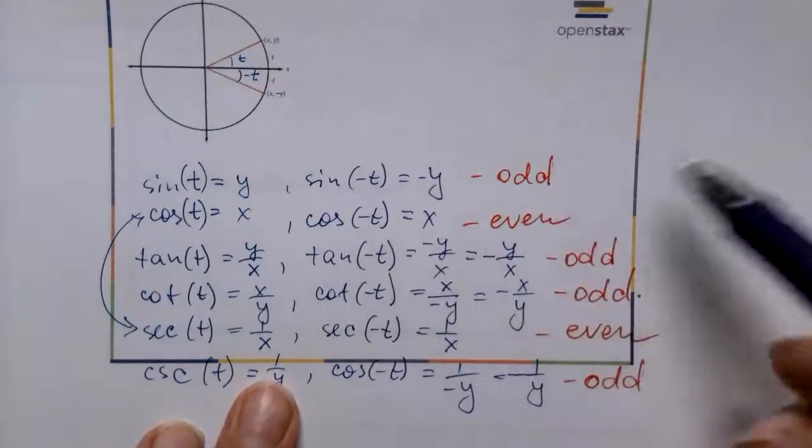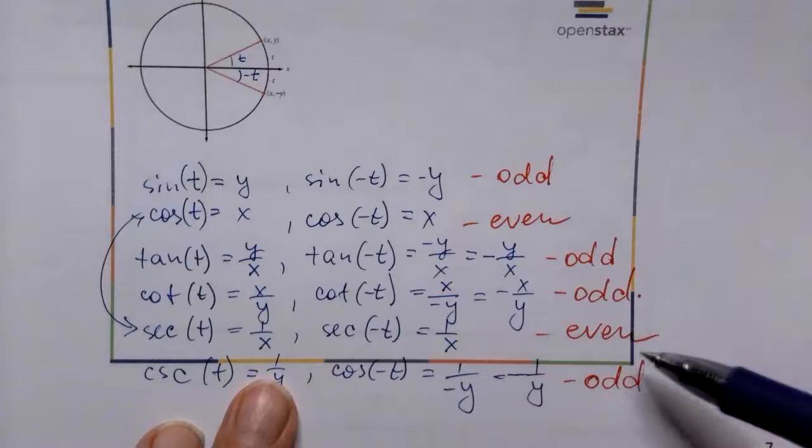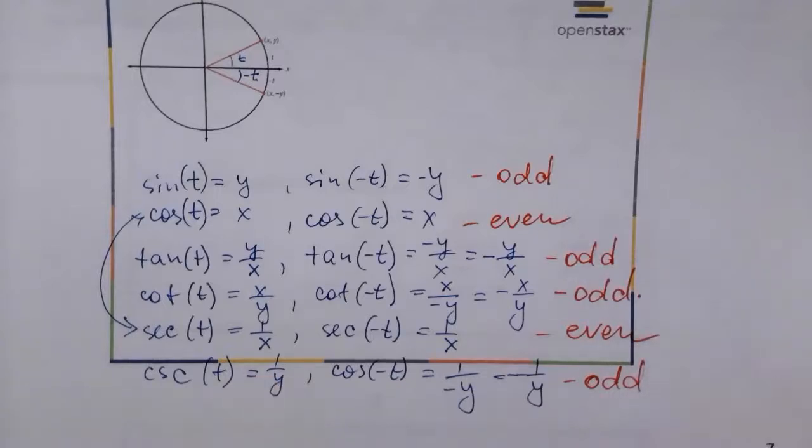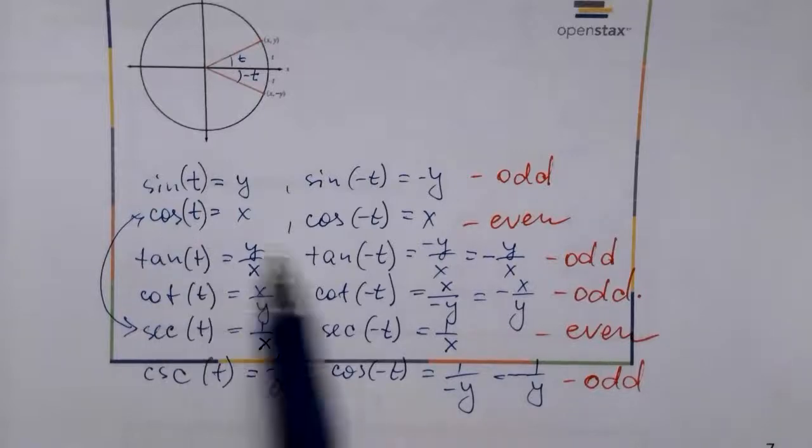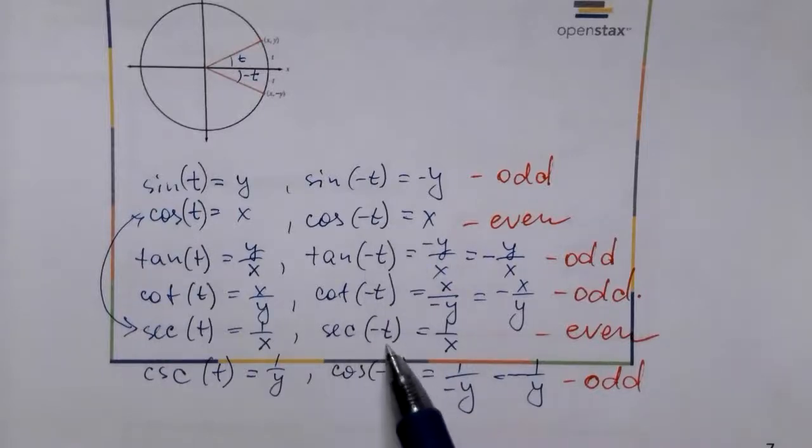So if cosine is even, then the secant is even as well. The rest of the functions are odd, which means that for the negative input, they're going to have a negative output. And in case of cosine and secant, for the negative input, they have a positive output.